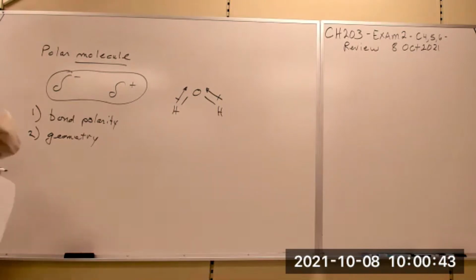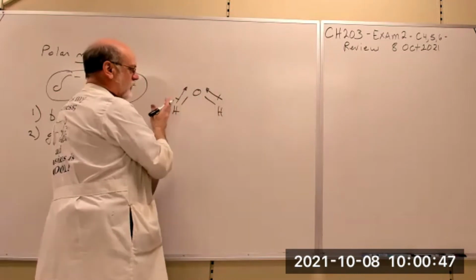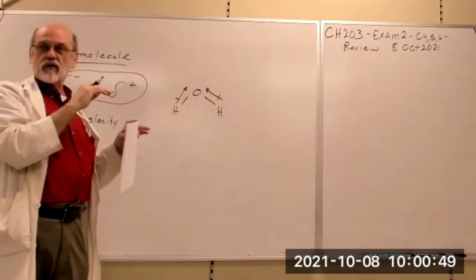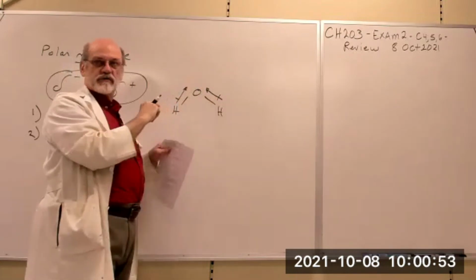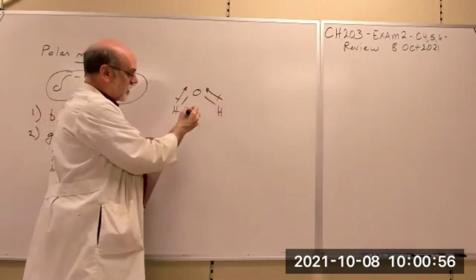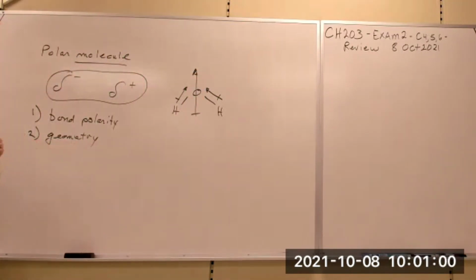So in the case of water, you have both of these redistributions taking place in that direction and that direction. So we do what we call vector addition. This is a vector because it has both magnitude and direction. Add them together, and that molecule is polar. Water molecule is polar.